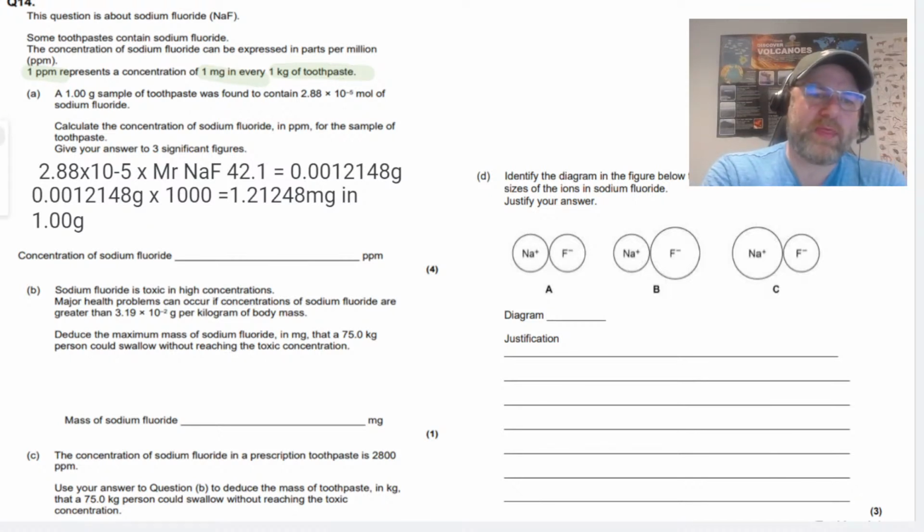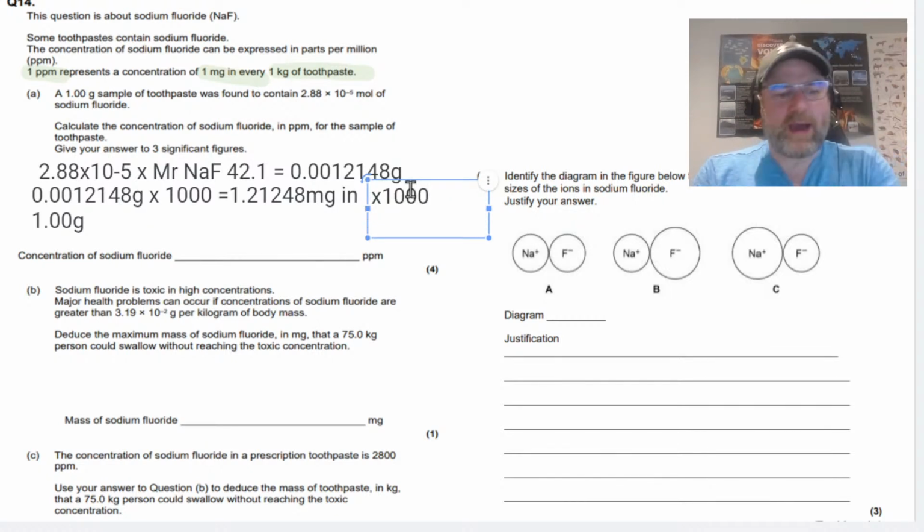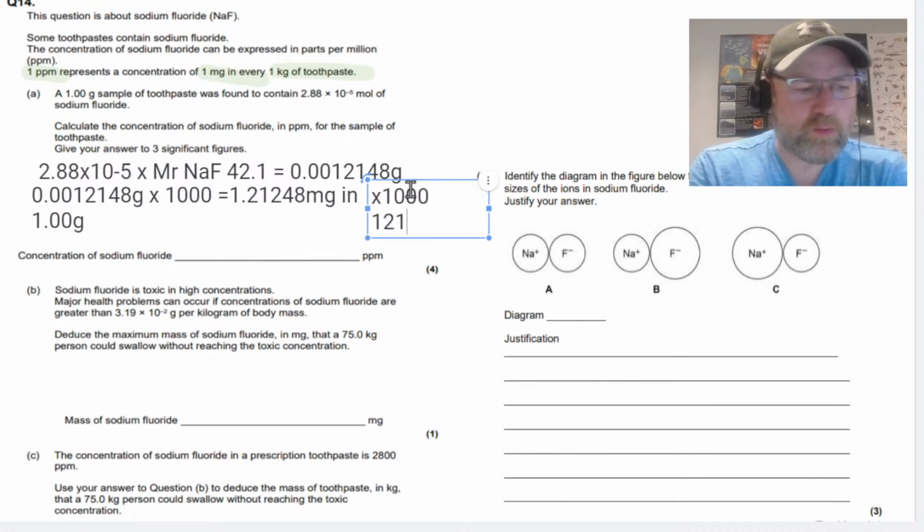So I'm going to times by 1,000 again. I know this is getting a bit confusing. So we're going to times by 1,000 again, and that's going to give me how many milligrams if I had a kilo of the toothpaste. We've only got 1 gram, but we're trying to find out if we had a kilo, and it would be 121.48.